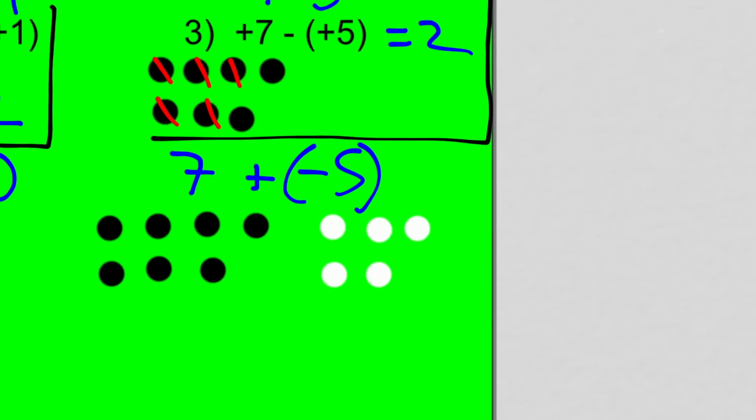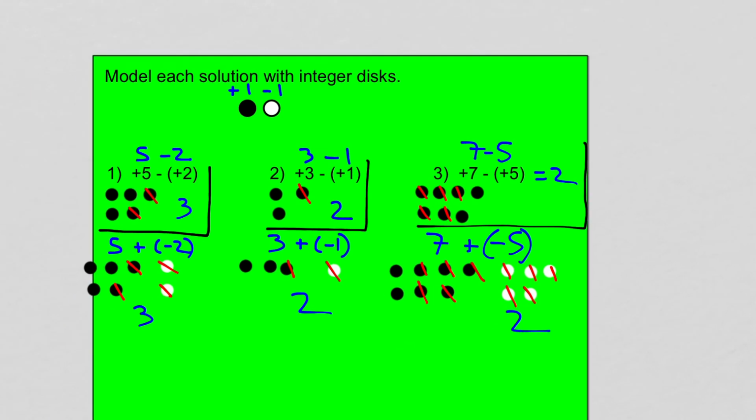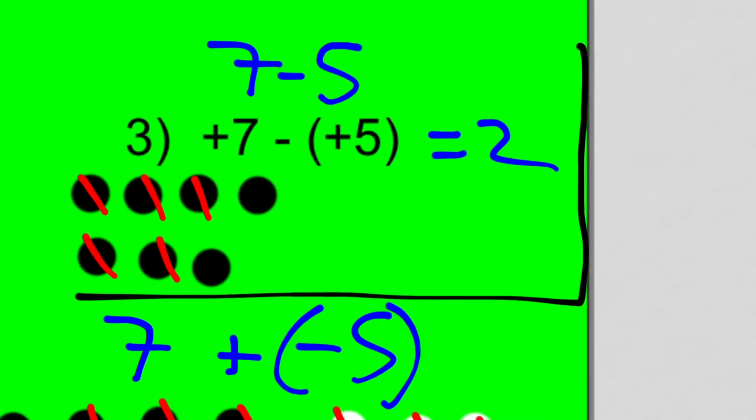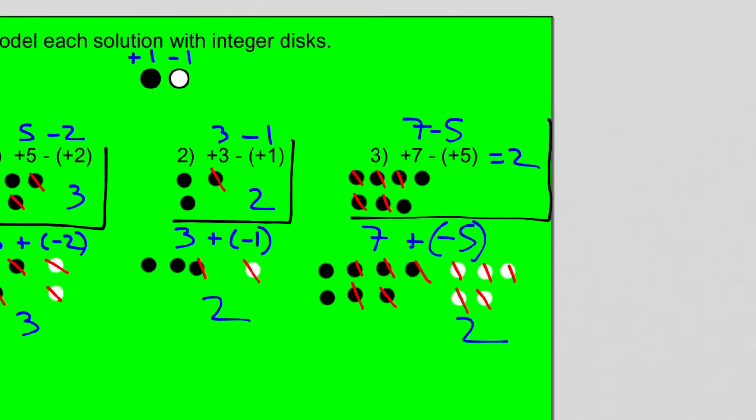And then look for your 0 pairs. There's 5 of them, right? And we're left with these 2 right here, which is positive 2. So what we've discovered here is that subtracting a positive is the same as adding a negative.